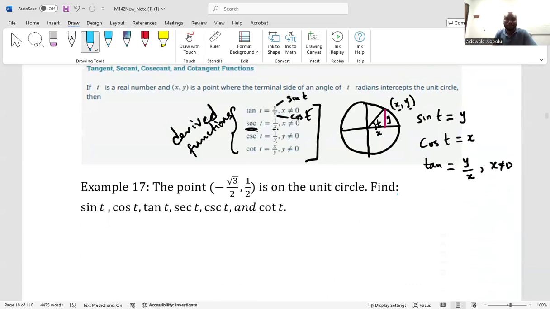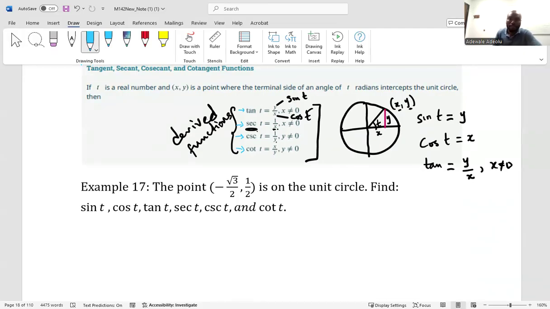So in general, we introduce tangent, secant, cosecant, and cotangent. So we introduce these four, making a total of 6.